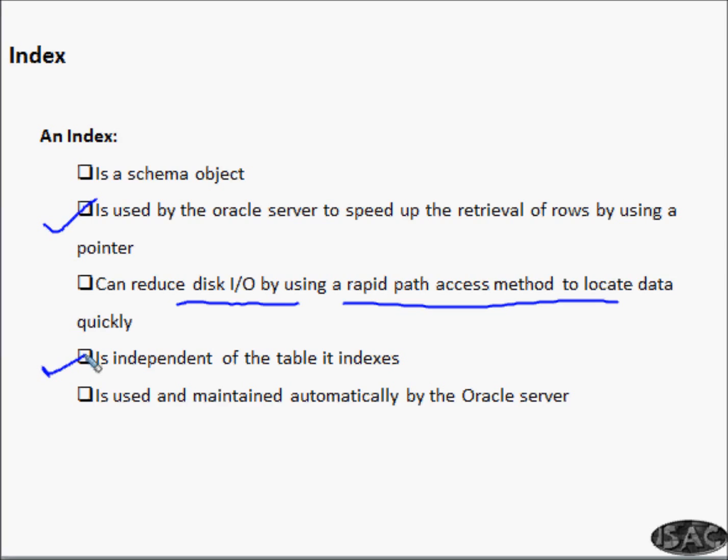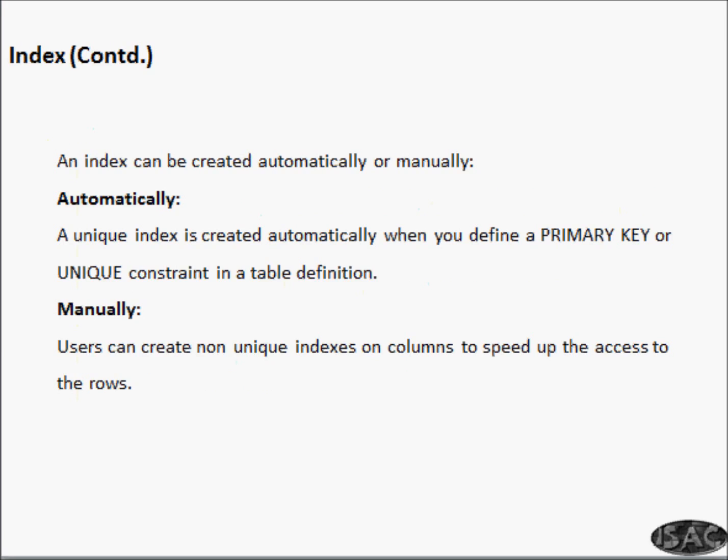It is used and maintained automatically by the Oracle server. So what is your duty now? Your duty is to create the index and put it on the server. Once the user retrieves the data, the server will use that index and retrieve the data, so it will be faster. An index can be created automatically or manually.